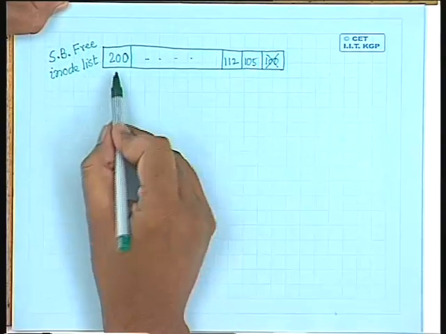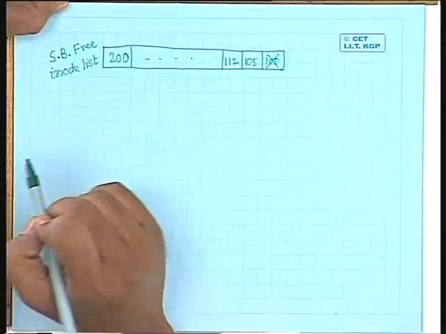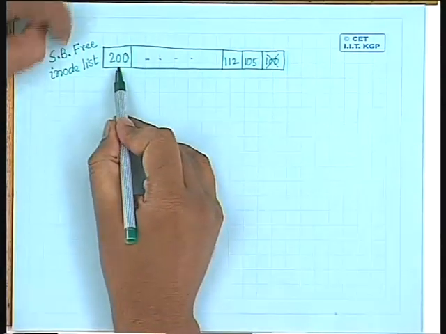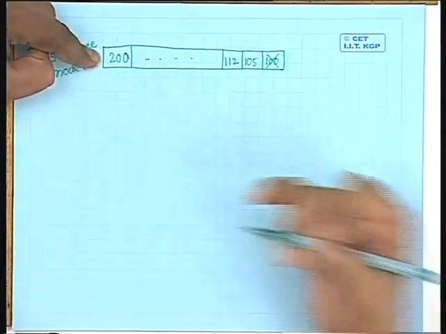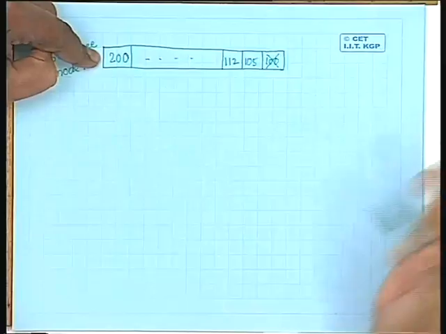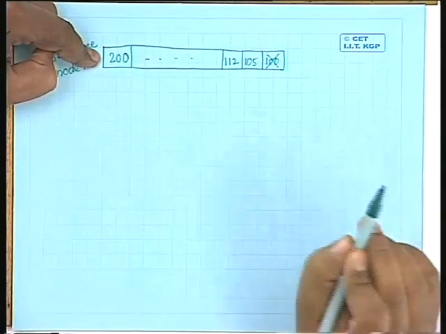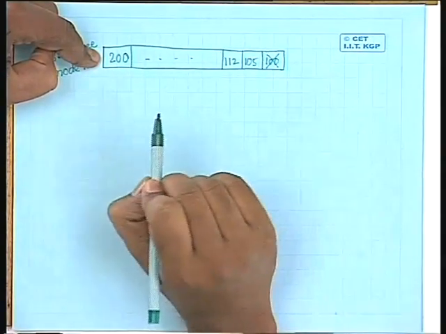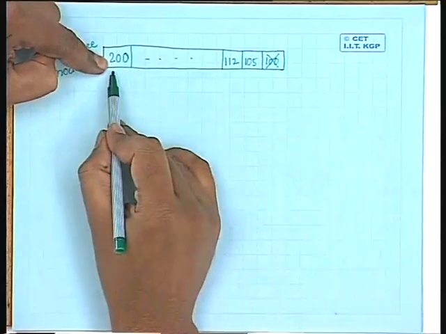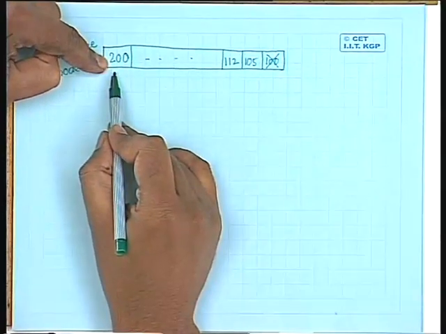So when it is going to become empty, the superblock free inode list is filled up with other free or unallocated inodes on the file system. For that, we have to search for unallocated inodes, and the search will start from inode number 201.